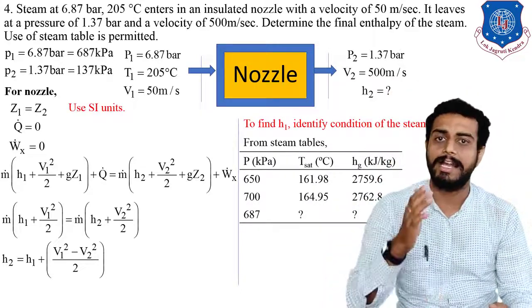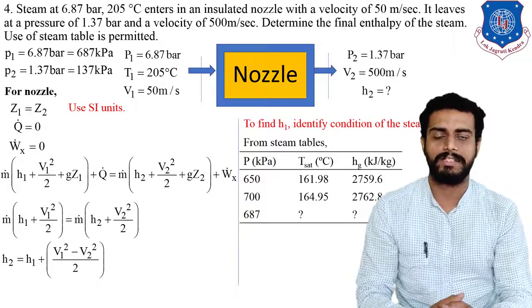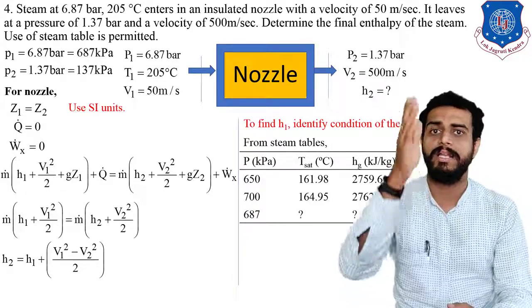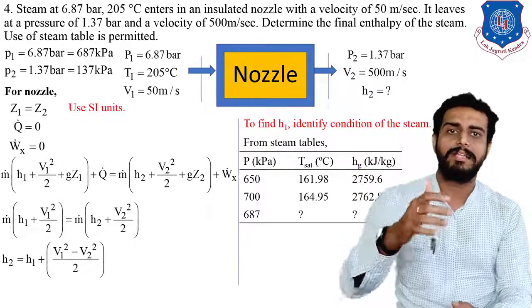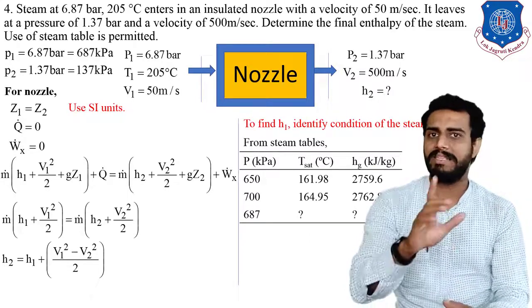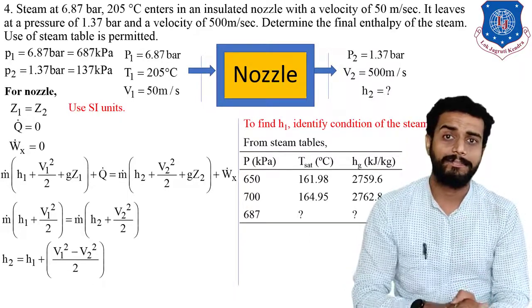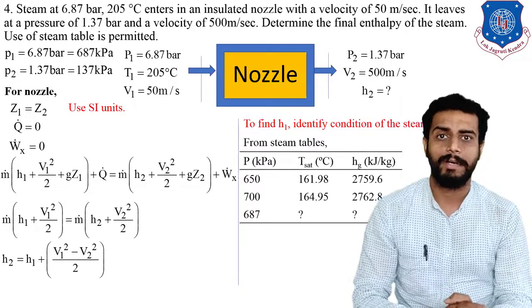So that means the inlet of the nozzle will have superheated steam. Sir, how can you judge that? Simple. If the given temperature is higher than the saturation temperature, then your steam will be superheated steam. So one thing is for sure: at the inlet of this nozzle, the condition of the steam is superheated steam.